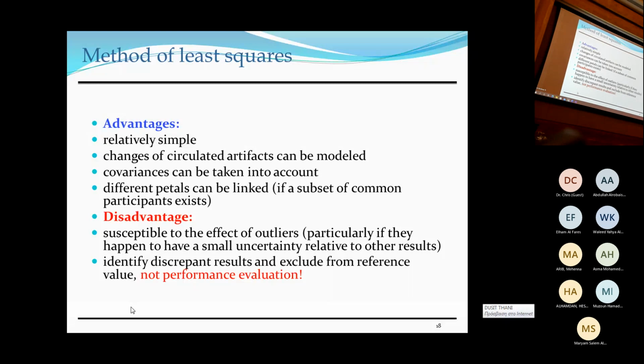It can model changes or instabilities of artifacts. Covariances can be taken into account. Different petals can be linked. All of these are issues which are readily dealt with by the method of least squares. The disadvantage is that they are susceptible to the effect of outliers.